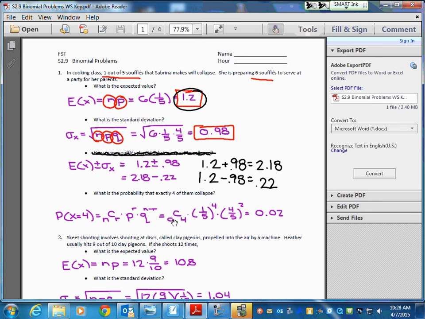So the minimum number of souffles that would collapse are 0.22 out of the 6. The maximum number of souffles she would expect to collapse are 2.18. Does that make sense? It's giving us a range, a window to look in of what's an average for her. Okay, that's what we're working with today.